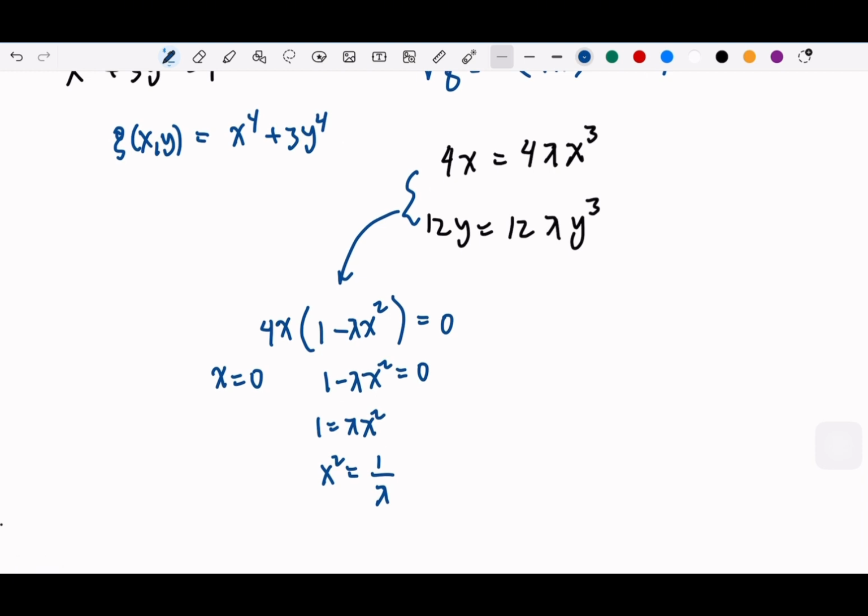And the same thing with y. So we have 12y times 1 minus lambda y squared. Y is 0, or y squared is 1 over lambda.